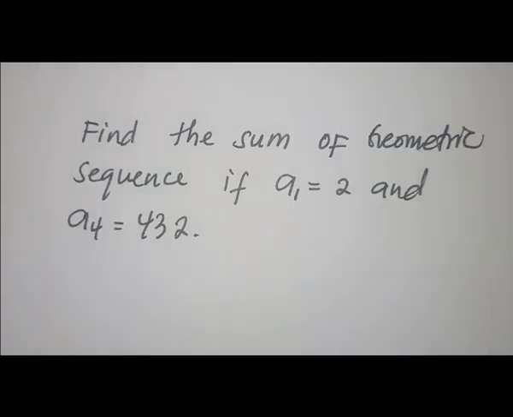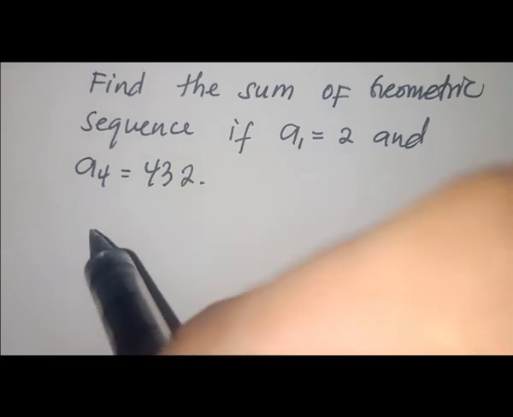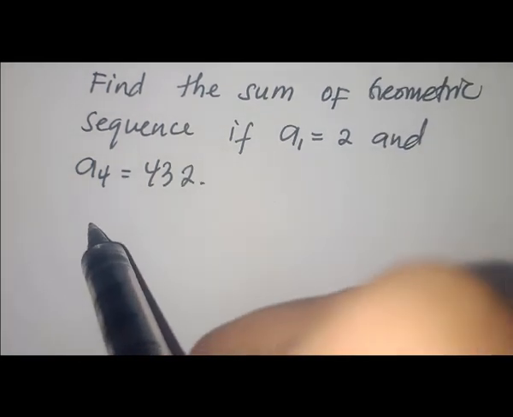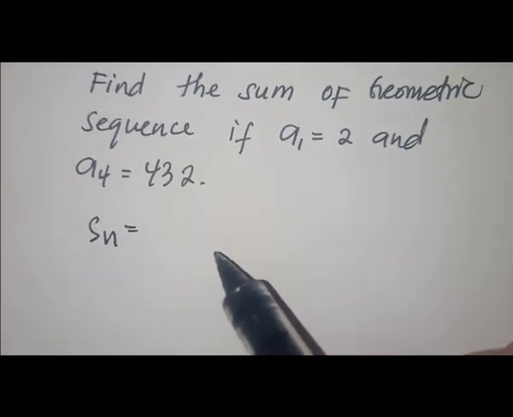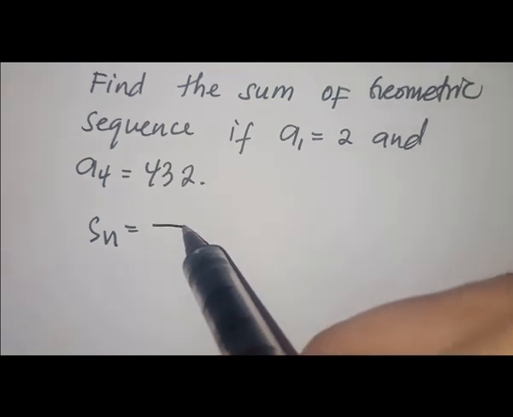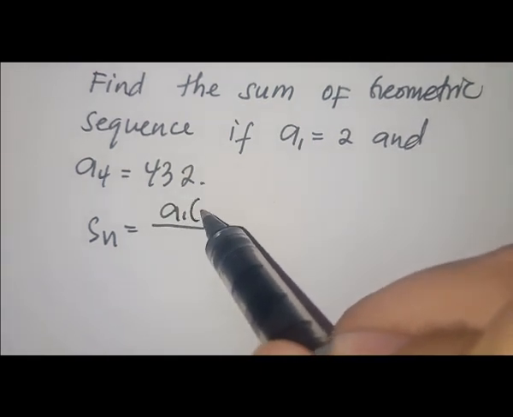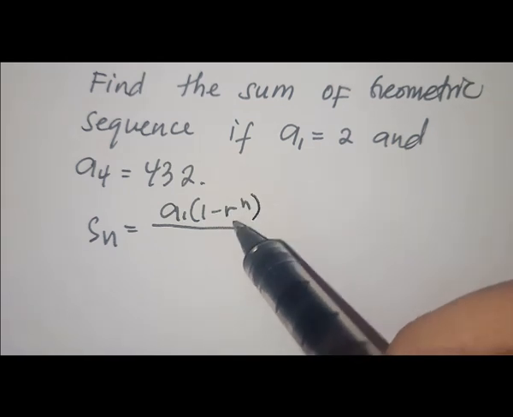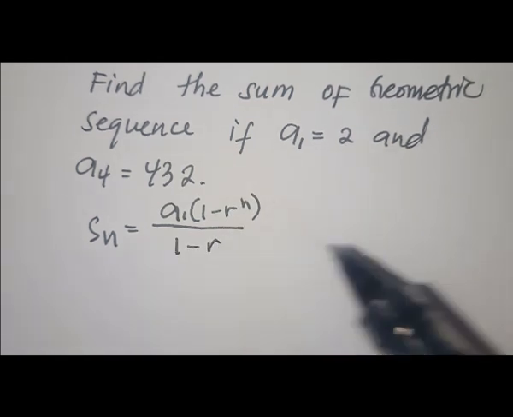Okay, so what if ganitong problem naman yung ma-encounter natin sa geometric series? So, find the sum of geometric sequence if a sub 1 is 2 and a sub 4 is 432. We all know that the formula to solve for the geometric series is S sub n is equal to a sub 1 times 1 minus r raised to n over 1 minus r.